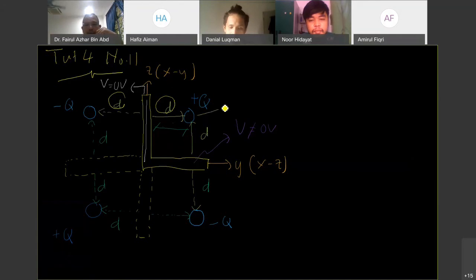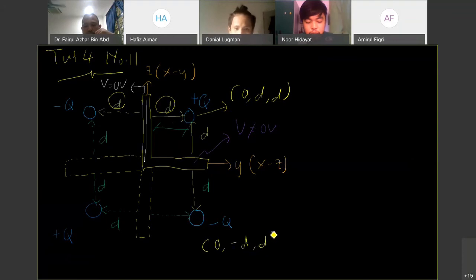Let's say in terms of coordinates, for example, 0, D, D. Then we will have 0, minus D, minus D, and on this side 0, D and minus D, and minus D, minus D, minus D.